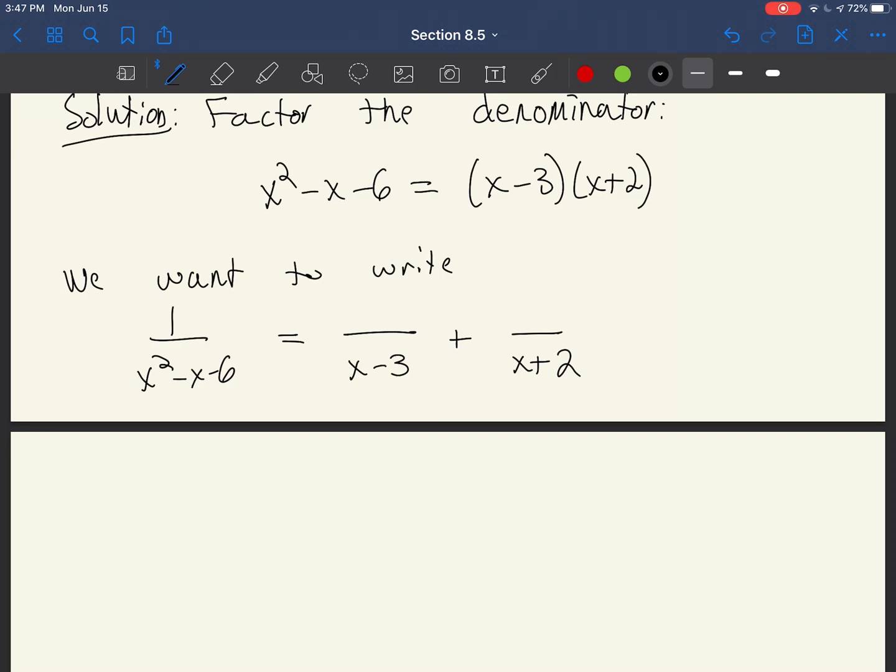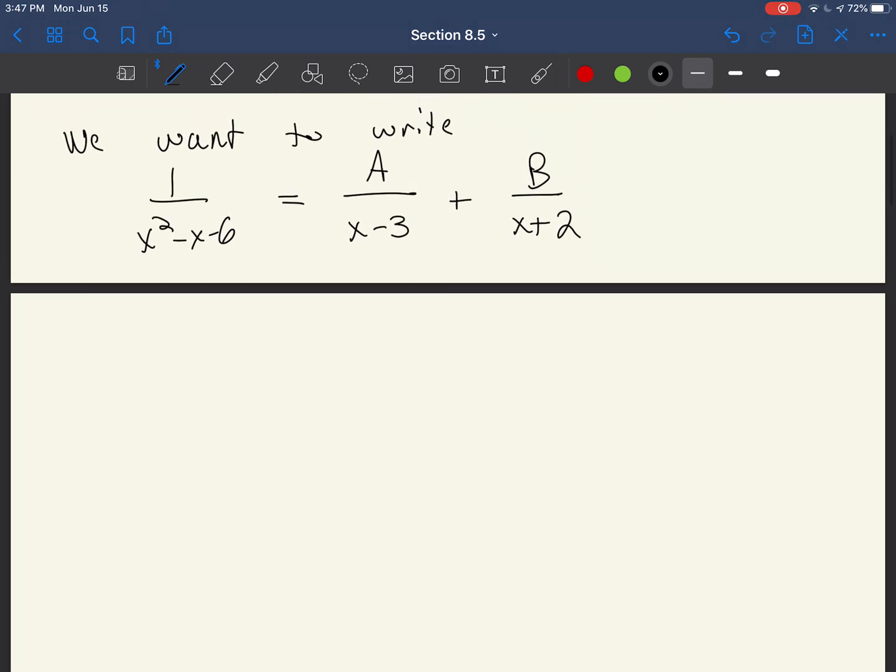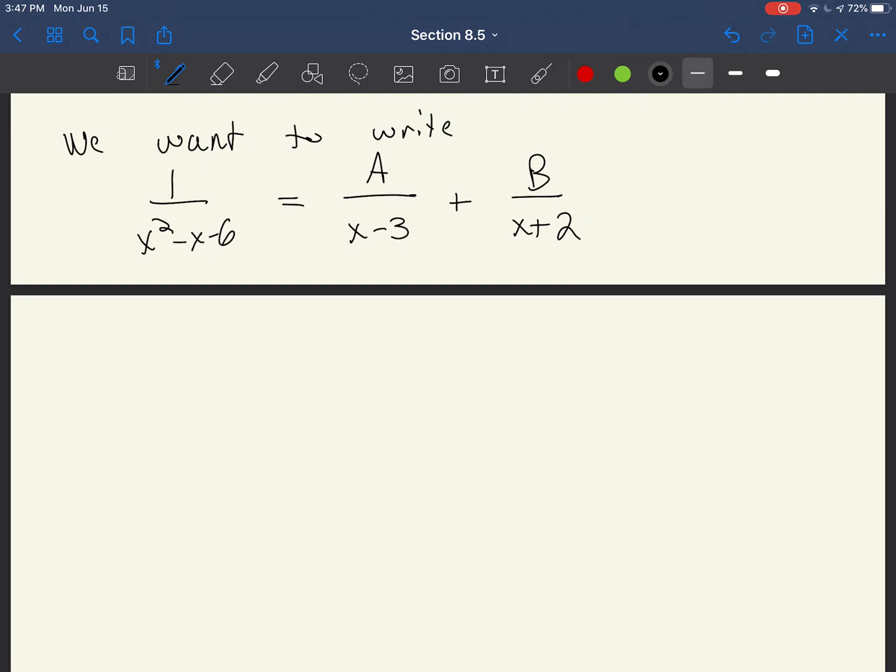So we're going to add these two. If we end up needing to subtract them, then whatever we get for the numerators will just be negative. And then if we are looking for what the numerators are, we're just going to assign variables to them. So we'll say A and B. Okay, if we wanted to solve this for A and B, well, first thing we would want to do is clear the denominators.